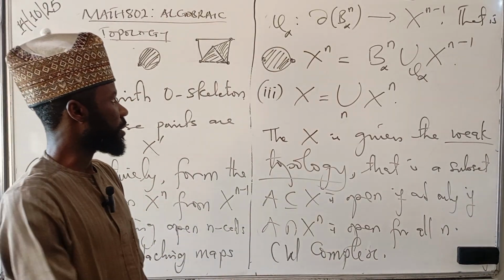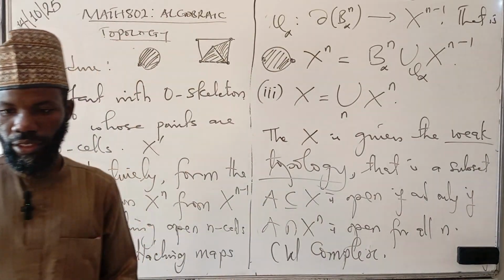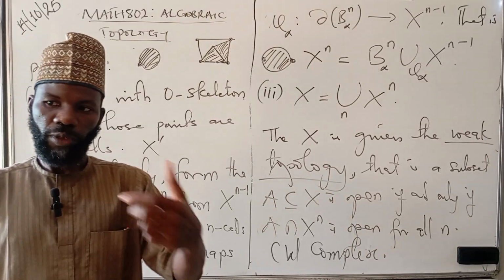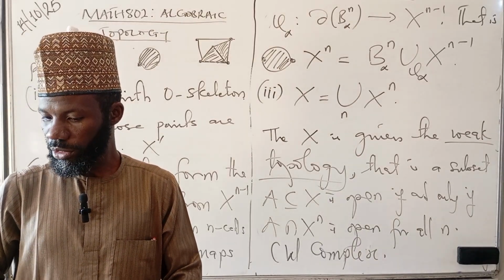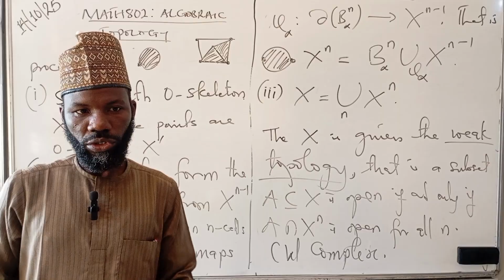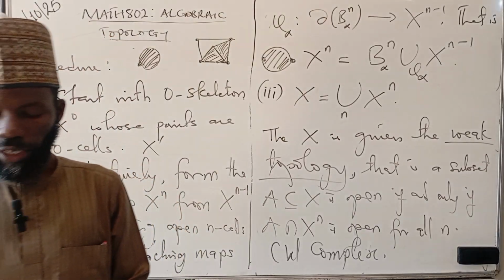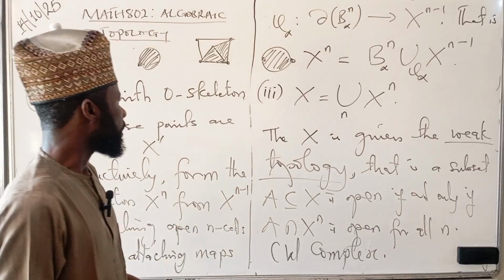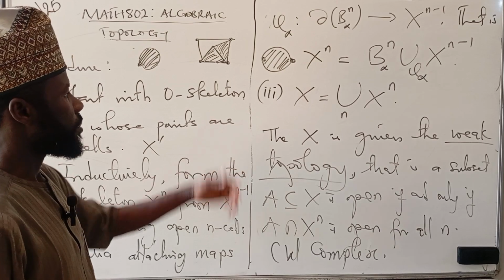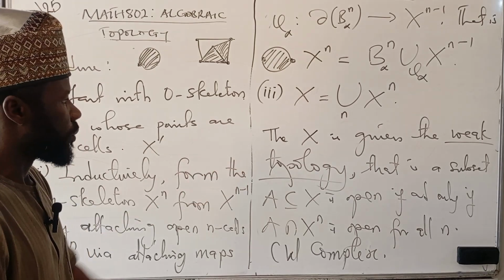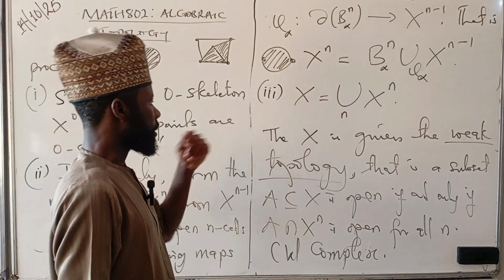All this you can think of as constructing a disk stage by stage. Most of these spaces can be constructed in this way. In fact, you can construct so many other spaces that we have not seen so far.